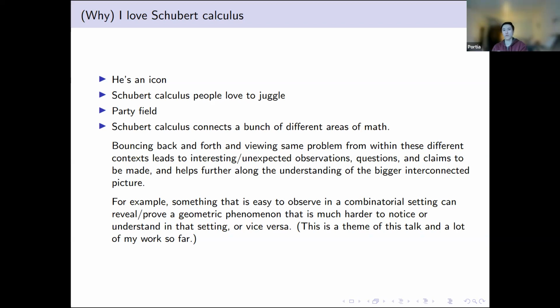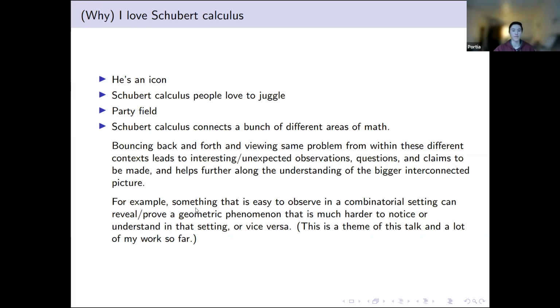Then you ask why that is true for geometric reasons, and vice versa. You can understand a phenomenon more the more you jump around looking at it in all the various ways. That's very interesting to me and something I enjoy doing.